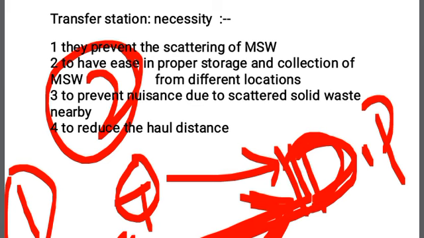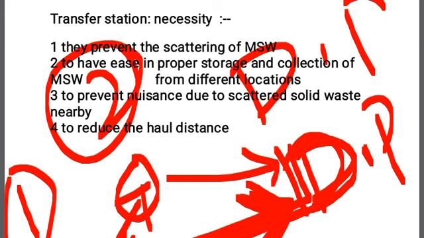If there is no transfer station, then the hauling distance increases. Whatever waste is generated at the source is directly transferred to the disposal plant.